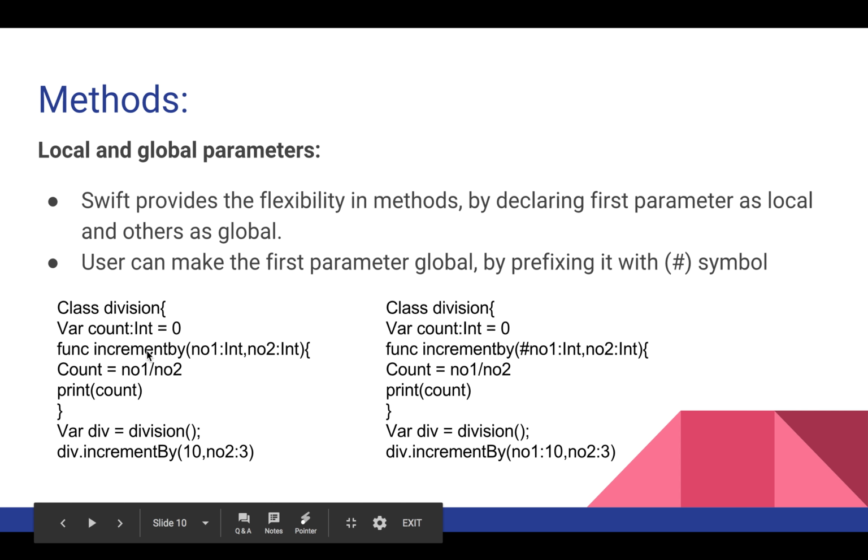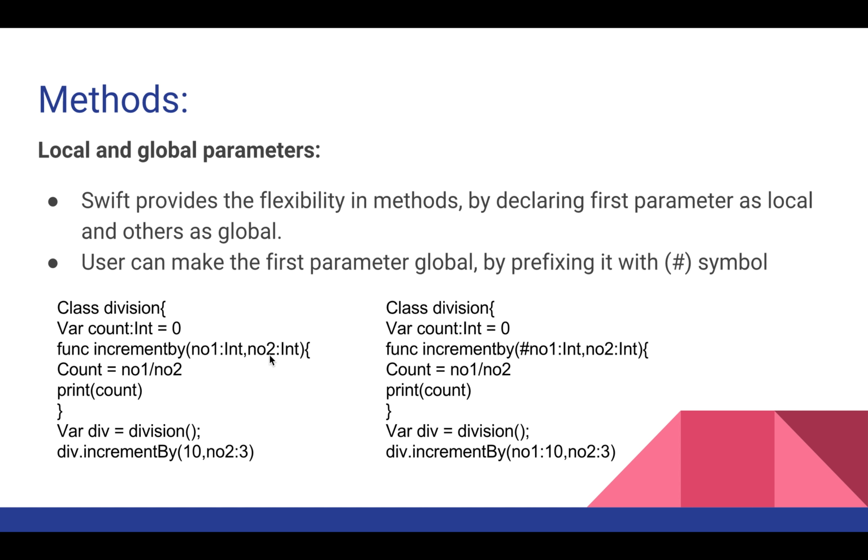So in this case, number1 is local and number2 is global by default. You can make the first parameter global too by using a hash sign just before the parameter name, as shown in this case. Here both parameter names are global.